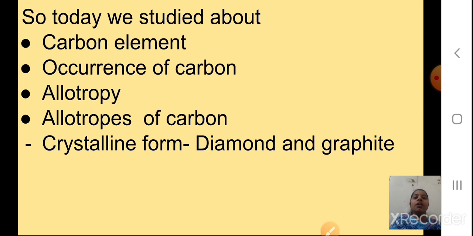Okay students, we know that carbon has got 3 crystalline allotropes, but of those we have studied 2 today, that is the diamond and the graphite. We studied the structure, properties and uses. Okay students, so I hope today's part is clear to you.